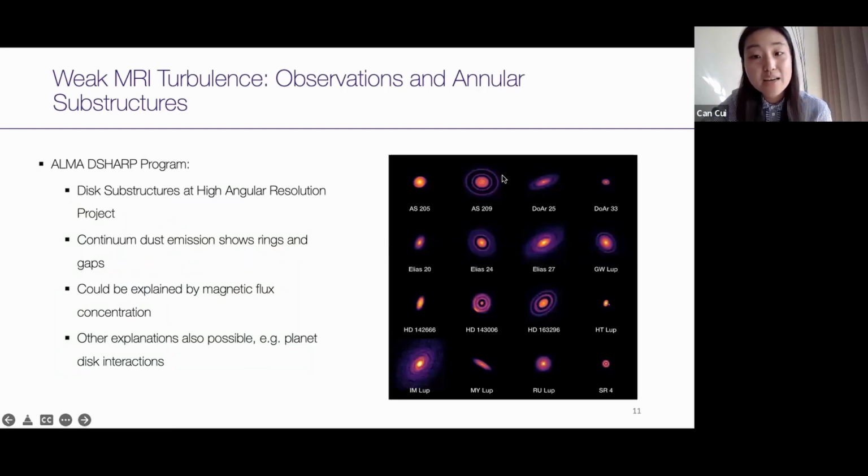These bumps might correspond to the ring-like structures in these observations, but also notice that there could be other explanations involving planet-disk interaction, where the planet can carve a gap in the disk.